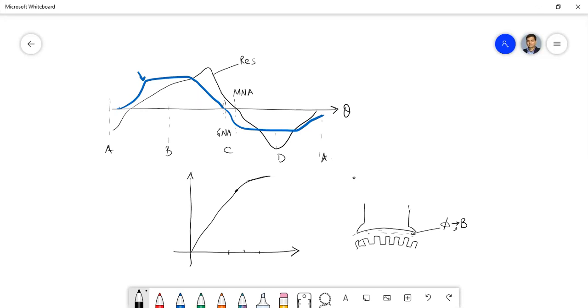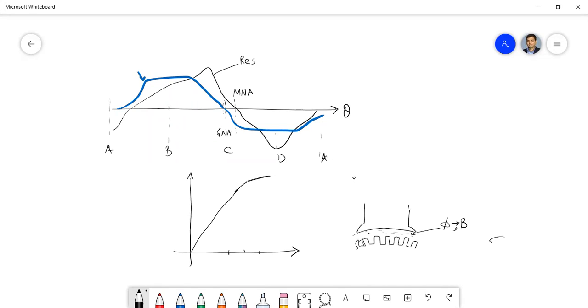Now, between this pole surface and the armature surface, whatever the flux will be in case of armature reaction, there are both the armature flux and the field flux. So that depends on the total resultant mmf.